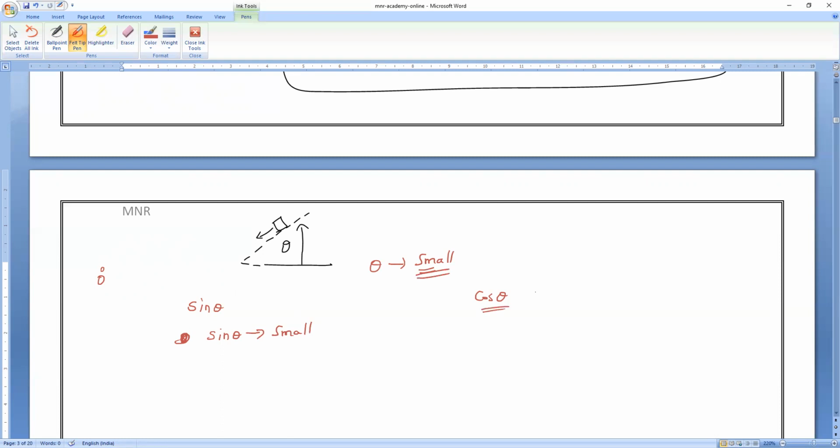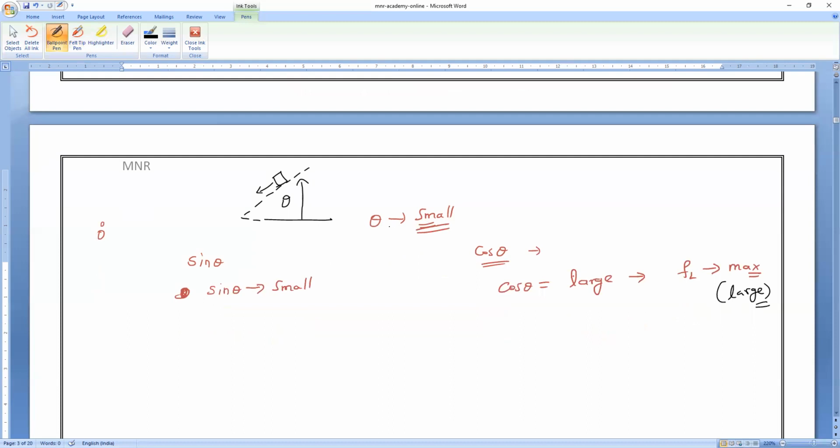But cos 0 is how much? 1. So cos theta is maximum, large. If cos theta is maximum, the limiting friction is also maximum. So limiting friction is extremely large at that time. That is why, when theta is less, cos theta is more.